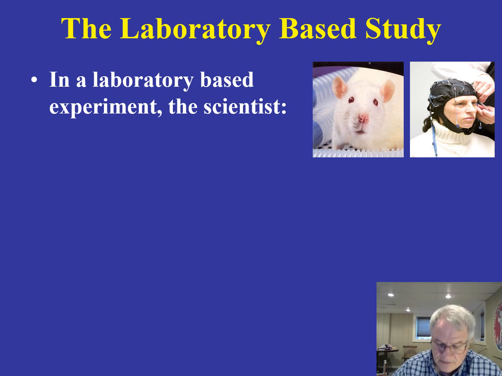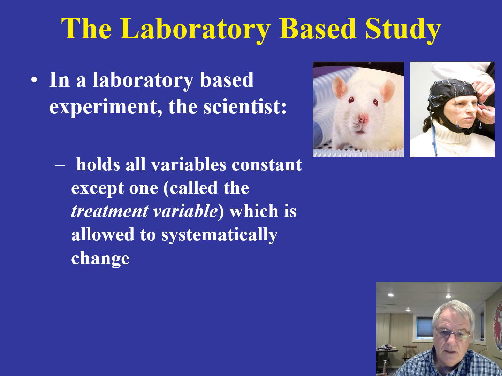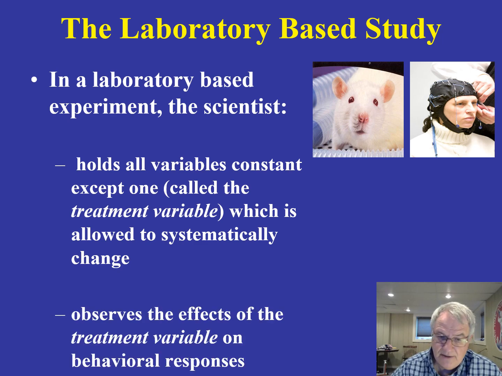In a laboratory-based study, we want to be able to hold all variables constant, except one, and we call that the treatment variable. We're going to allow that to systematically change, but we're going to hold everything else constant. And in a study of this nature, we're observing the effects of this treatment variable on behavioral responses.